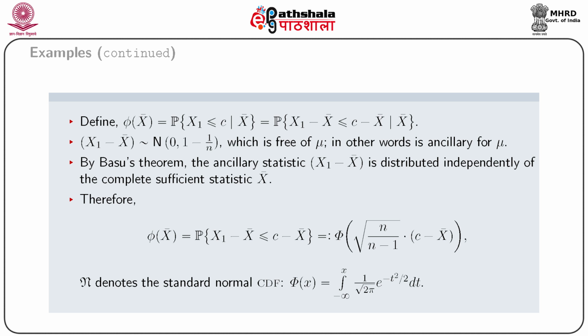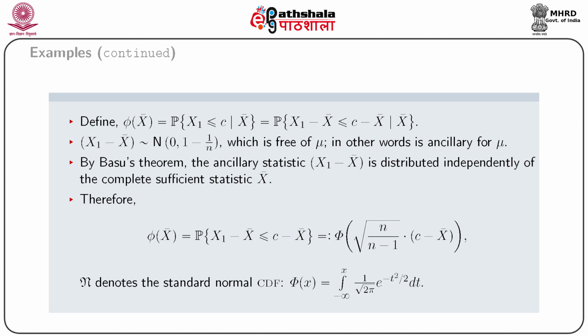As the distribution of X1 minus X bar is independent of mu, the statistic X1 minus X bar is ancillary for mu. Since X bar is a complete sufficient statistic, by Basu's theorem, X1 minus X bar and X bar are independently distributed.